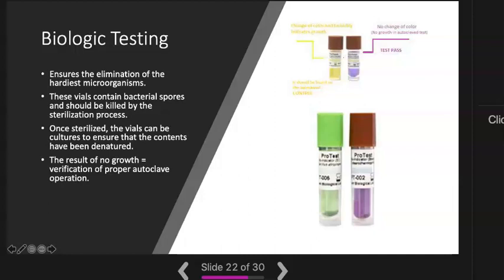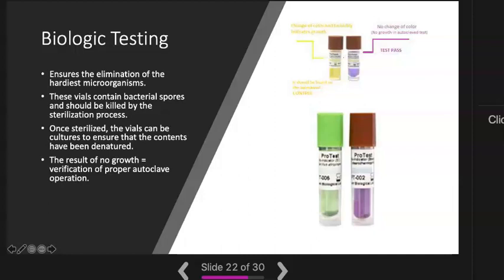To perform a biological test, commercially available products are available to put into your sterilization machines. A cycle of sterilization is run, and then these vials are cultured to see if the effectiveness of your sterilizers is sufficient.